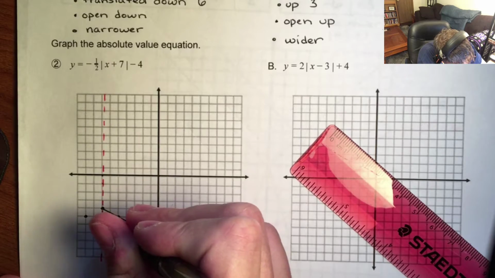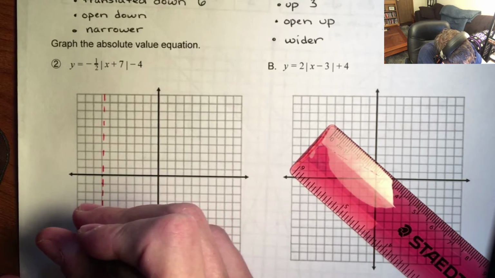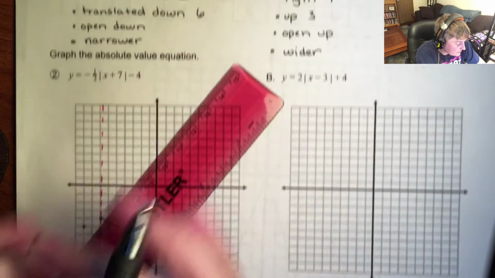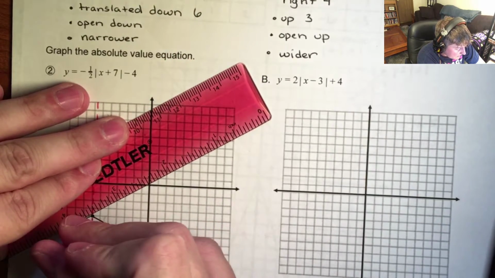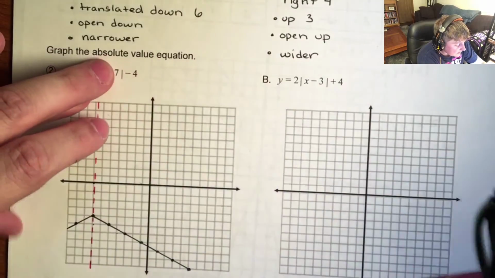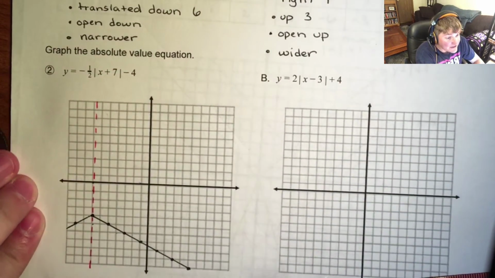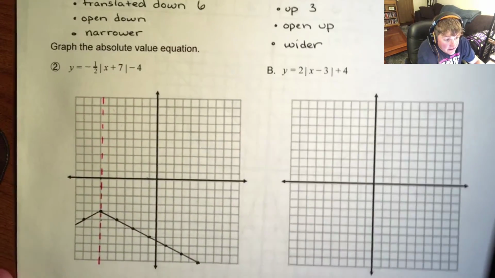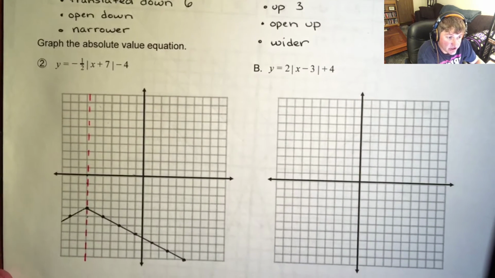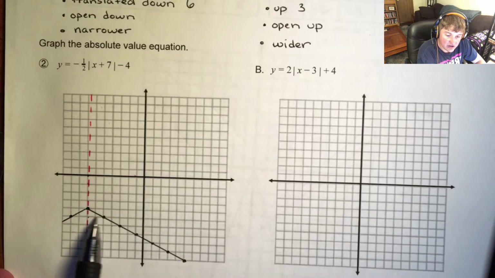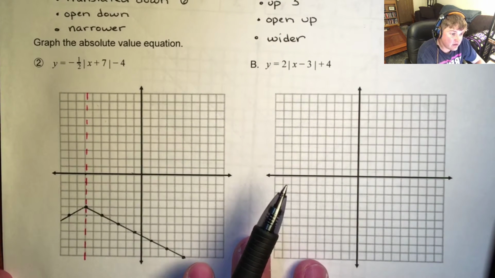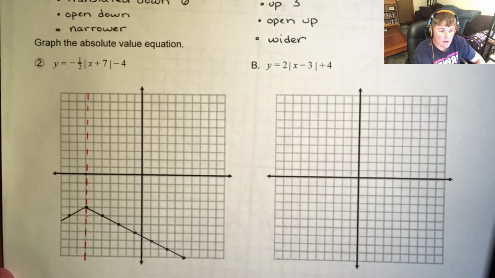And then here it would be 1, 2, 3, 4, and the 4 would be off the graph, so this is about all I need. Again, the right side is going to act like the slope, and I would encourage you to treat it as such, but it's not going to act like the slope off to the other side. You're going to need to mirror your points across, because the fact that it's symmetrical is going to be helpful to you.